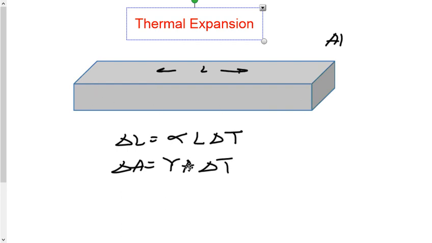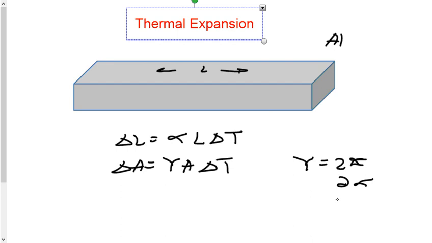I would plug that in right there, times change in temperature. Now gamma is going to equal 2 times alpha. Let's draw that alpha a little better there. That's supposed to be an alpha symbol. Why is it 2 times alpha? Because you have this side that's going to change in length, and this side here is going to change in length. So that's going to be 2.